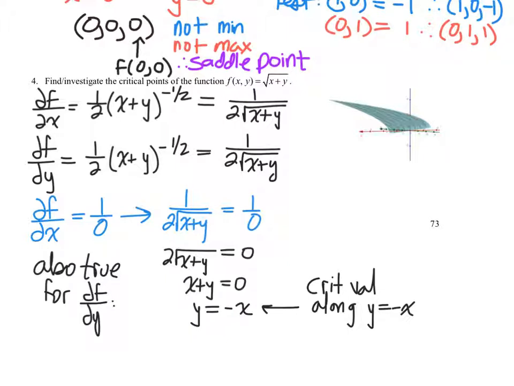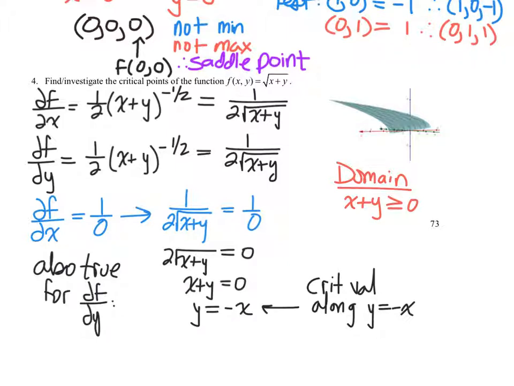All right. One thing we should also account for is the domain. That's the case where x plus y is greater than or equal to 0, sorry. It can't be equal to 0.